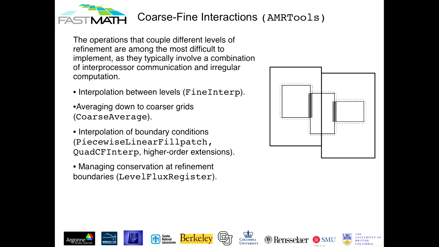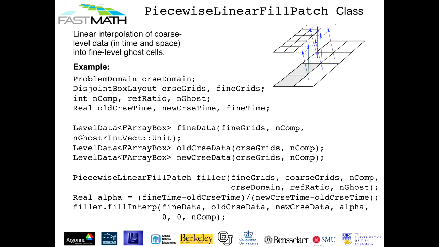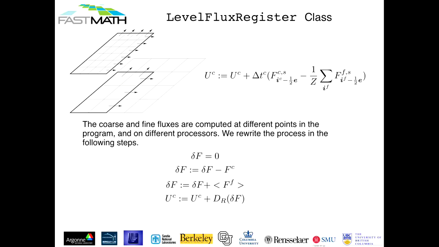So I have lots of clever log n type algorithms that go and figure this out for you and have it available as an object you can read. Piecewise linear fill patch is doing things like filling in your ghost cells. Flux register class, right? There's the math that goes with it. It's finding the delta F you need, and then you got to run divergence on the delta F to get that correction to the U coarse.